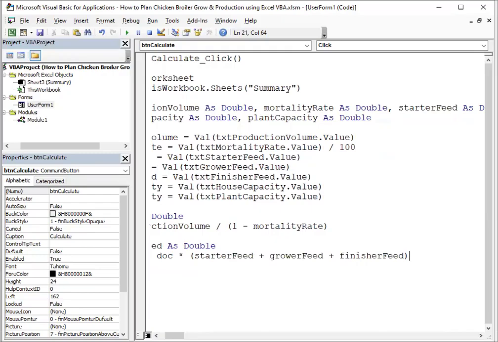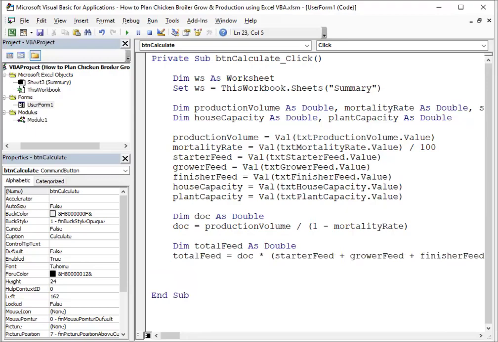Now we're going to calculate the grower houses needed in the farmhouses. I'm going to declare the variable. Dim houses as double.